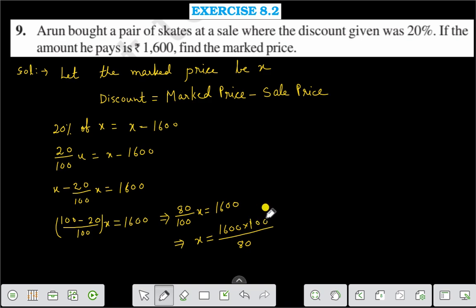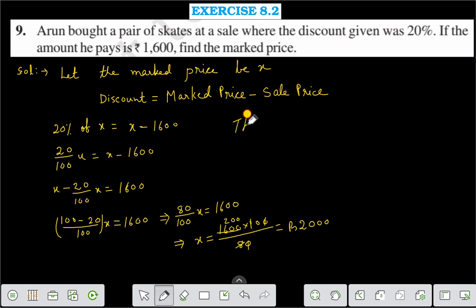This 0 will cut, right? And 8 2s are 16. That is, we are getting 2000 rupees. Value of X is 2000. Therefore, the marked price was rupees 2000.